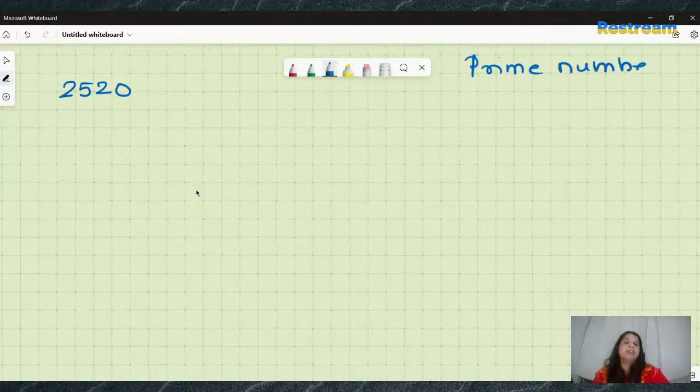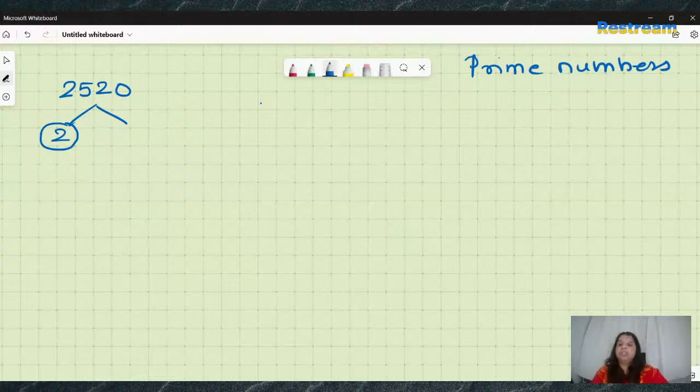Okay. So when someone asks you to factorize a number, they are expecting the number in prime factor form, not a composite number form. Okay. So what I'm going to do is I'm going to show you a tree structure. Okay. So I'm going to divide this number with a 2 first because I know it is divisible by 2.